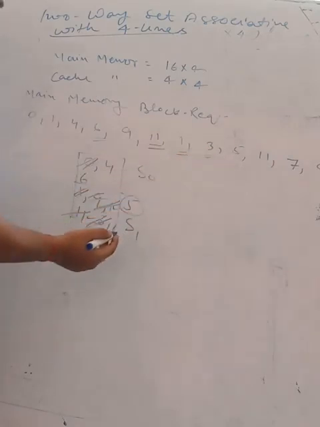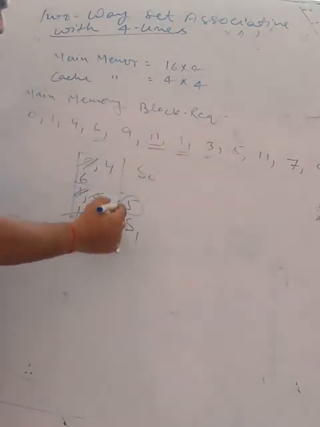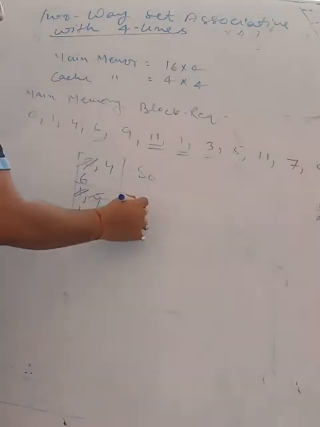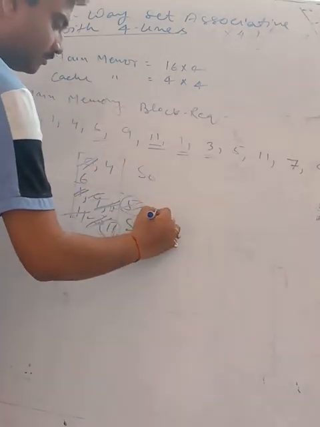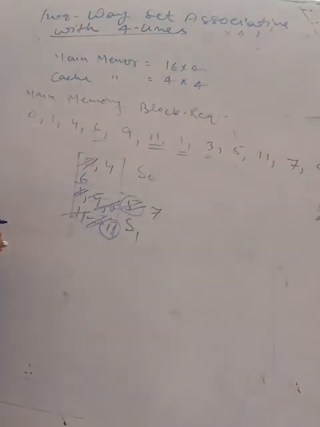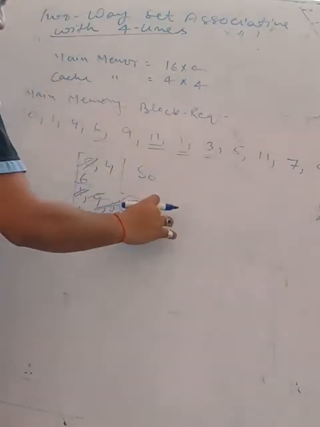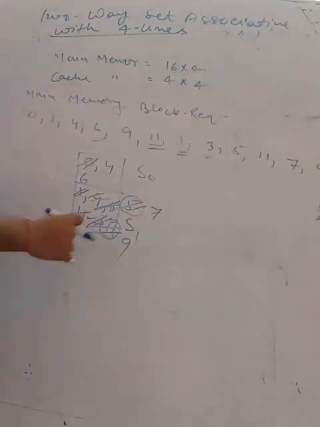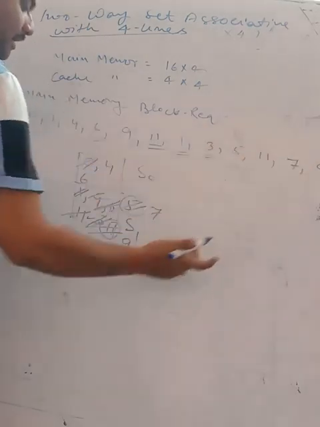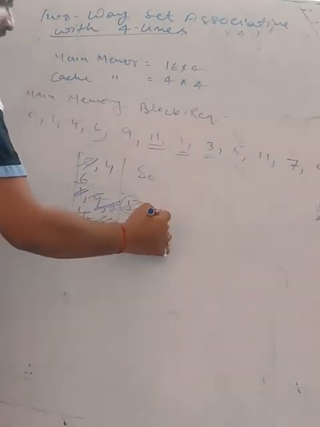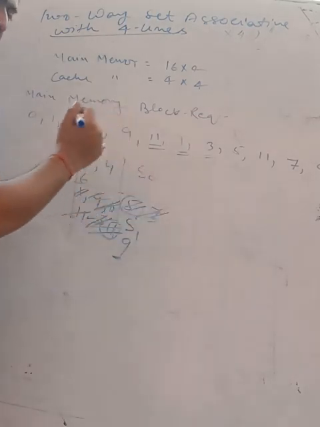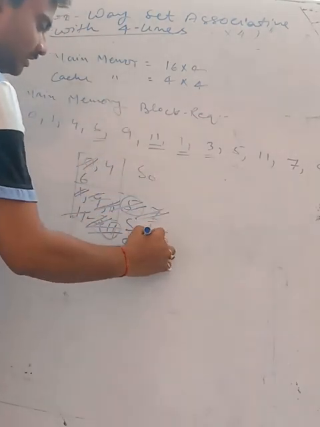In the case of 7, between 11 and 5, 5 was stored previously, so it will be replaced. Between 7 and 11, the new reference is 9. 11 was stored previously, so 11 has been replaced with 9. Finally, for 15, between 7 and 9, 7 was stored previously, so it has been replaced and 15 has been stored.